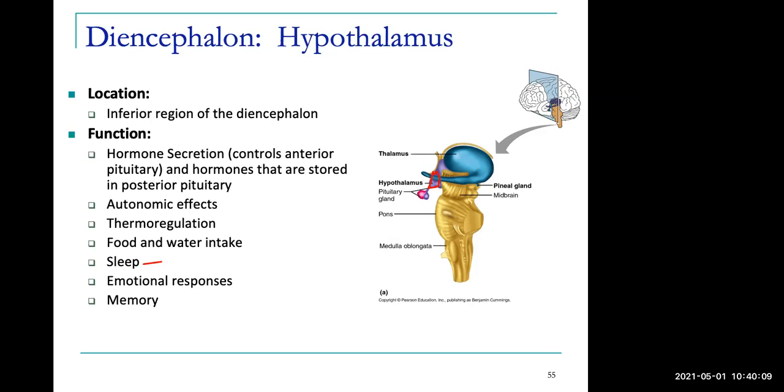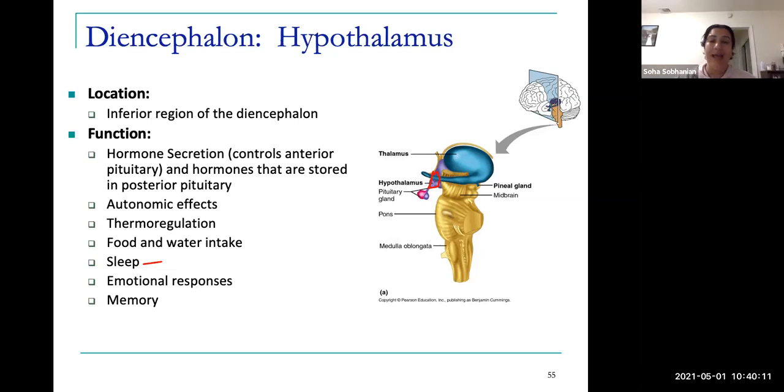It helps you create emotional response, and it also plays a role in memory. So again, if there is a problem with your hypothalamus, a lot of things could go wrong.